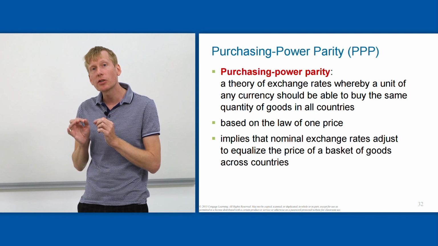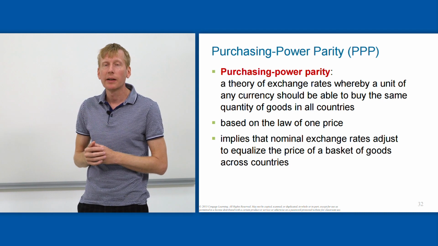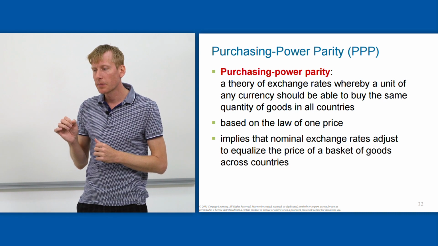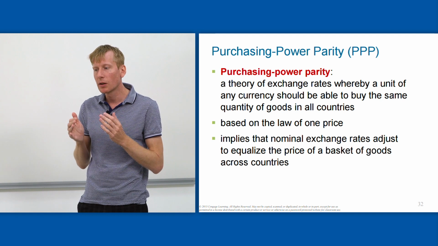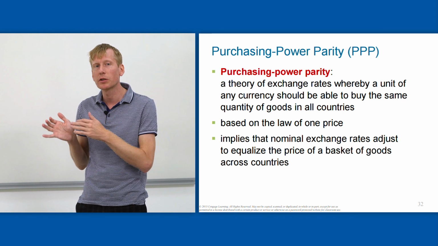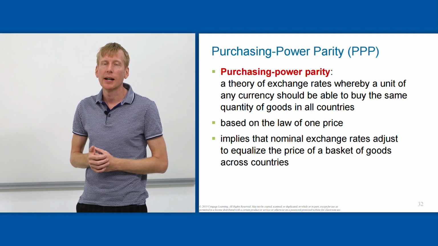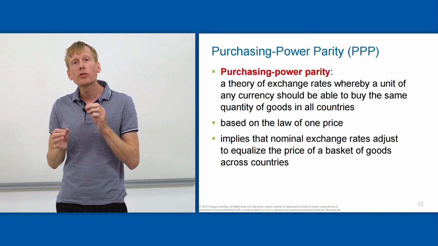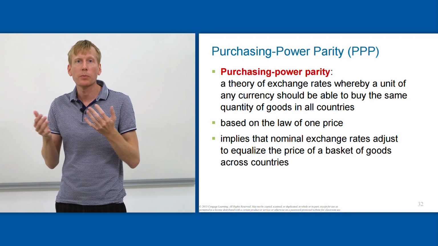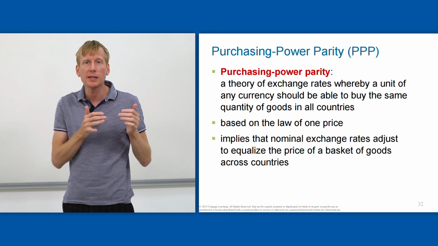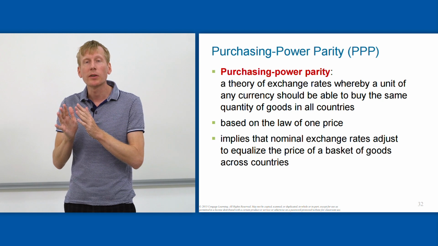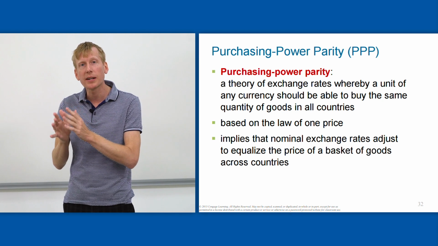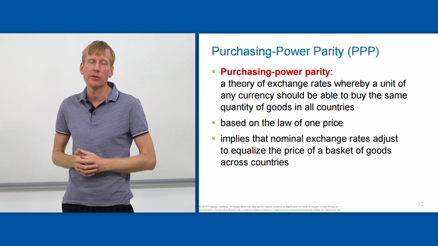This theory is that exchange rates, those nominal ones, should adjust so that the same unit of currency would be able to buy the same amount of stuff everywhere in the world. That is to say, if we have $1, then exchange rates should adjust if price ratios, relative prices in different countries, are fixed, and relative prices in these countries will be fixed due to arbitrage.